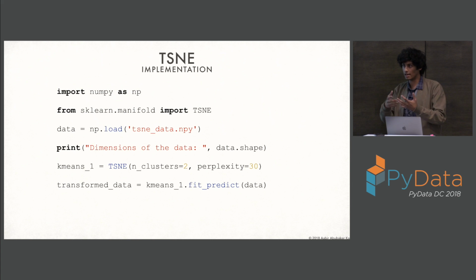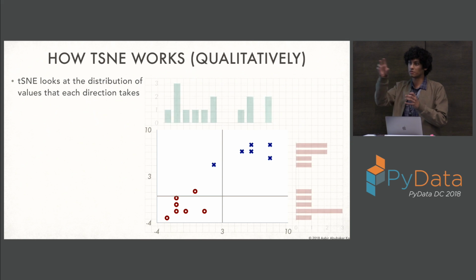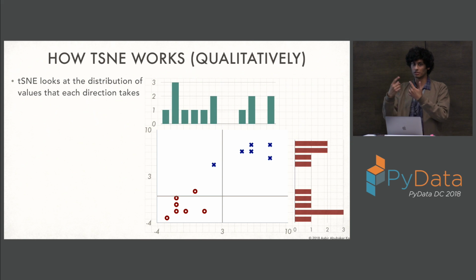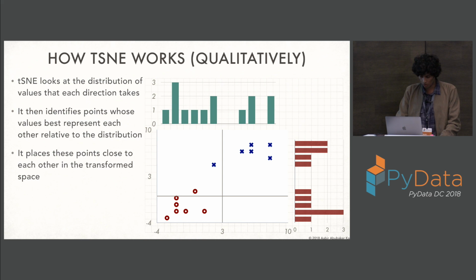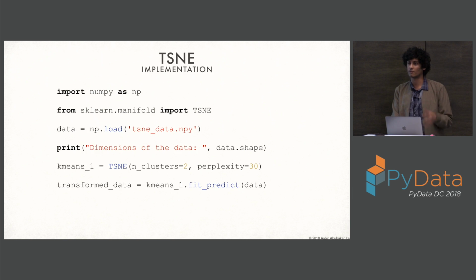But a different way of saying that is to say that they represent similar spaces in the distribution, and their distributions or their frequencies are actually similar to each other. So that's just a little bit of intuition on how t-SNE works. To actually get into the depths of it, you'd have to understand something called the Shannon entropy, or a metric of information. But again, the implementation of t-SNE is exceedingly simple. It's really easy to use. It's really easy to even just try out on your data set as preliminary exploration.